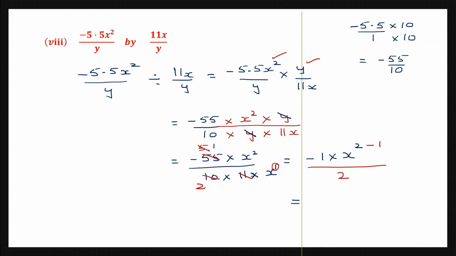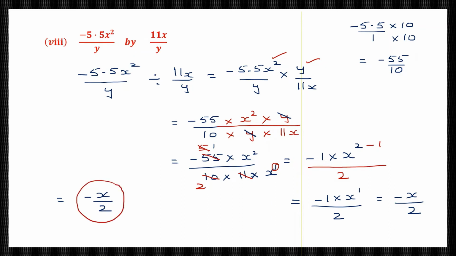Minus 1 into x to the power of 1 by 2. So that will be minus 1 into x to the power of 1, which is minus x, and the denominator is 2. So my final answer here is minus x by 2. So the eighth answer after division, this is what we get.